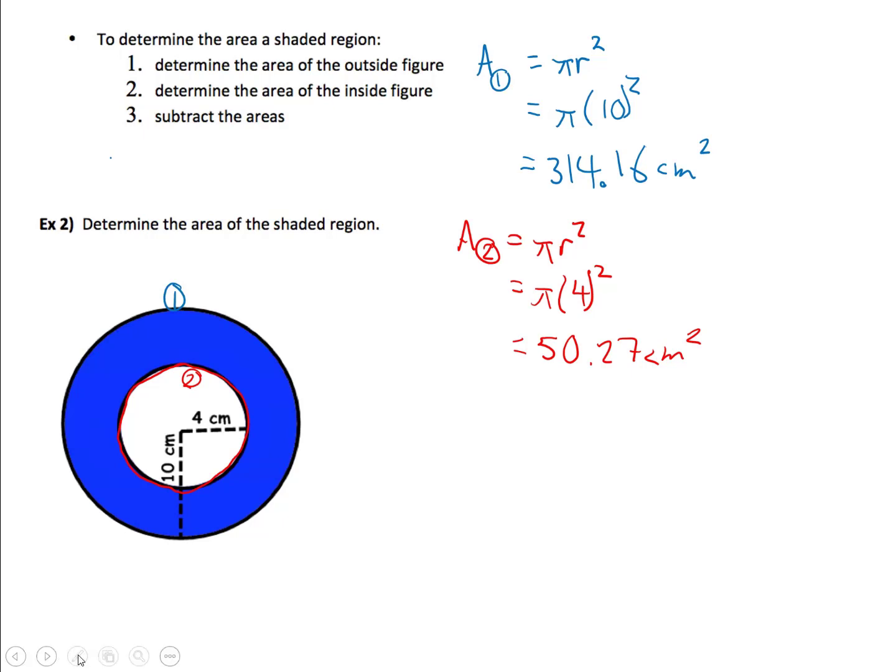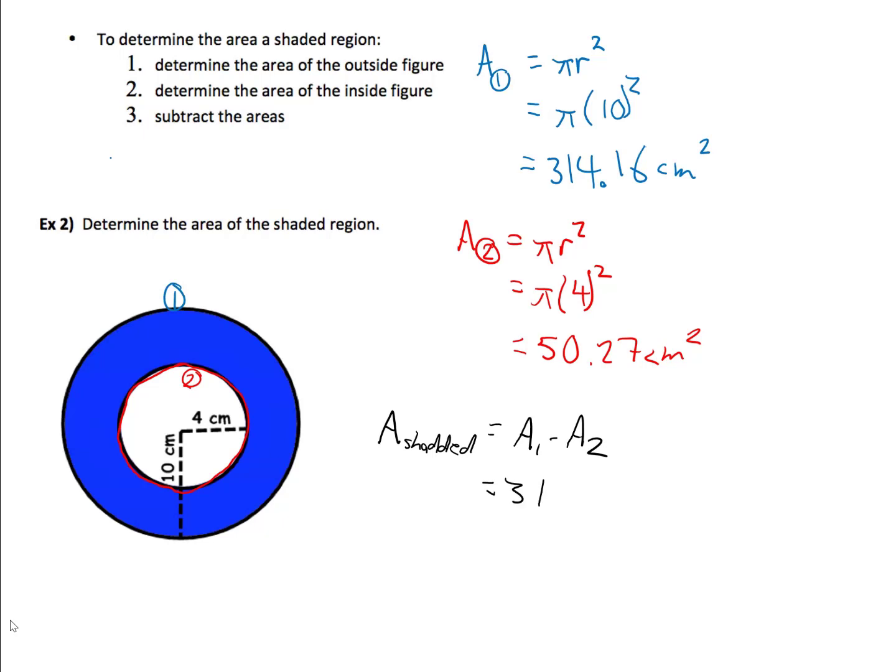All right, I'm going to switch over to black now, and we're going to figure out the final area. You could call it area shaded, or you could just leave it as area, and it's just area 1 minus area 2 in this case.